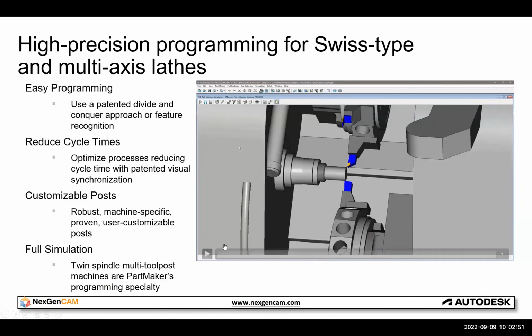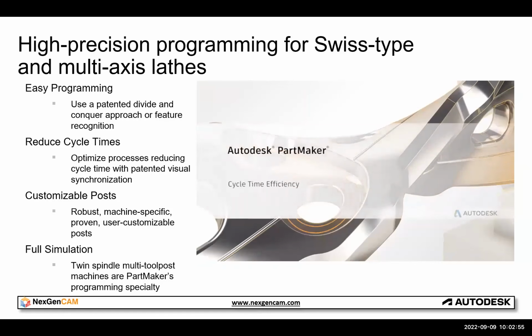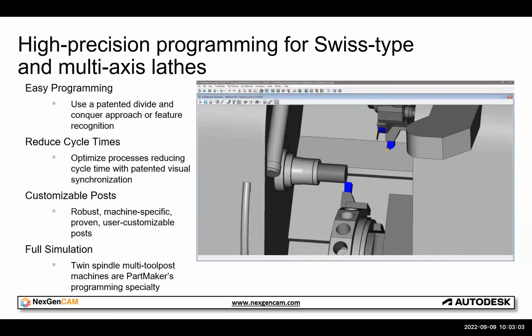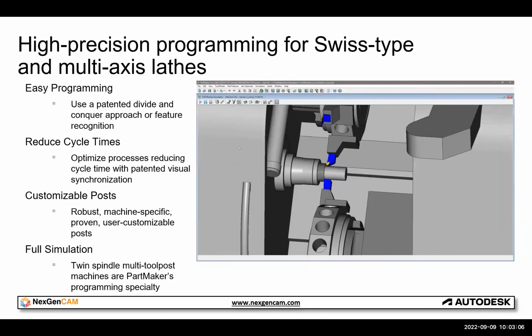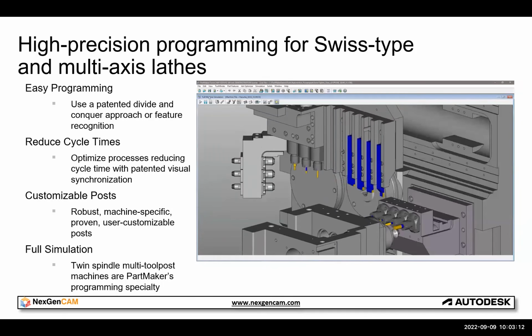So what we're really talking about here is getting into high precision programming, and it's not just for the Swiss machines, but also for the mill turn type machines. And what we're talking about is easy programming. So we tend to think of how do we take one operation or one thing that needs to be done and make it easy to put all of it together into one crescendo.